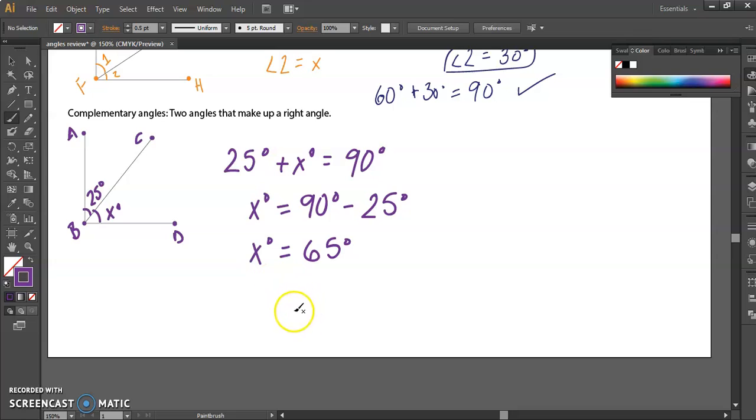So my answer for x would be 65 degrees. Okay, and I know this is true because if I add 25 plus 65, I get 90.